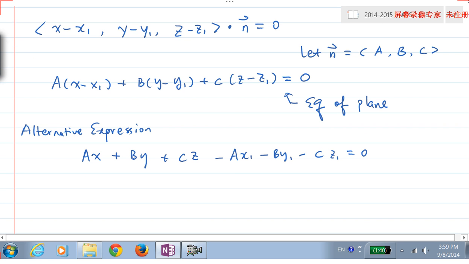The reason I'm reordering this is because ax1, by1, cz1 are all constants.